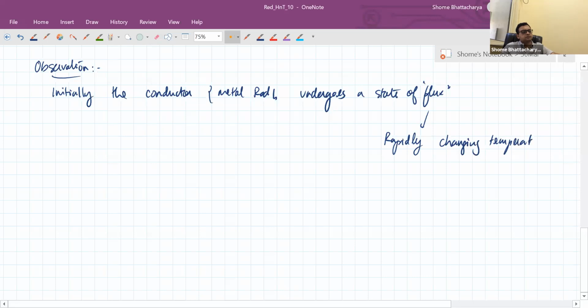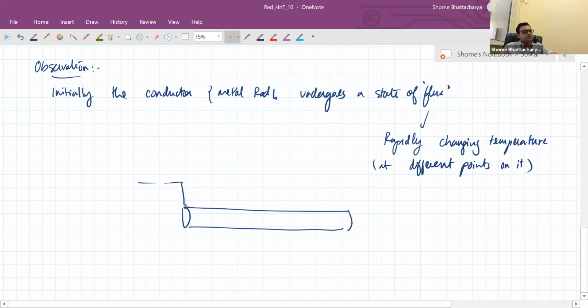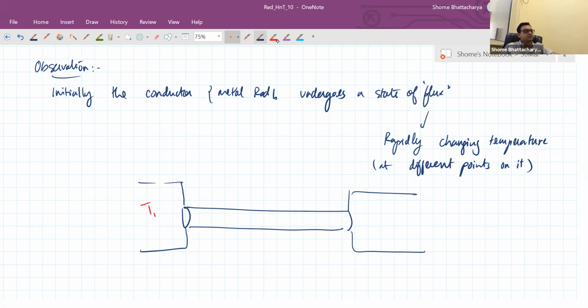Okay, and at different points on it. So if we are doing the experiment, while we are maintaining these two ends at temperature T1 and T2, we have some mechanism by which we can actually measure the temperature at various different points. So I have some thermometers attached here, here.